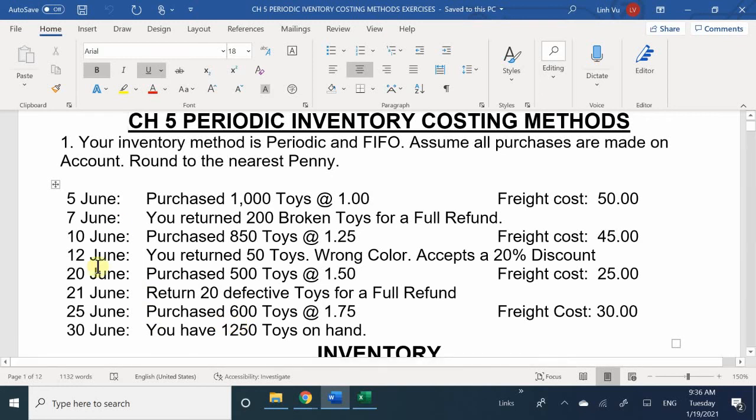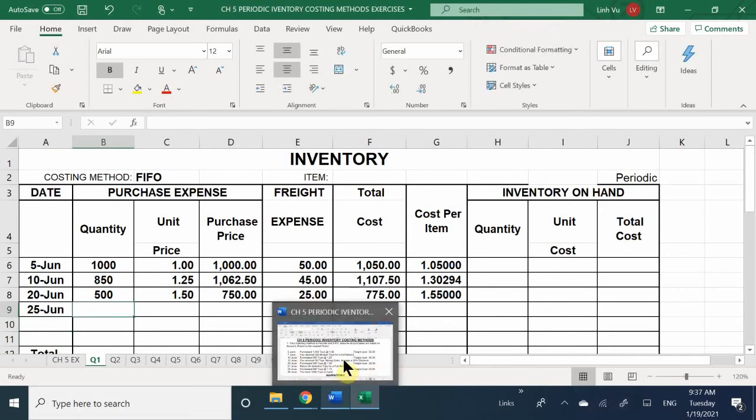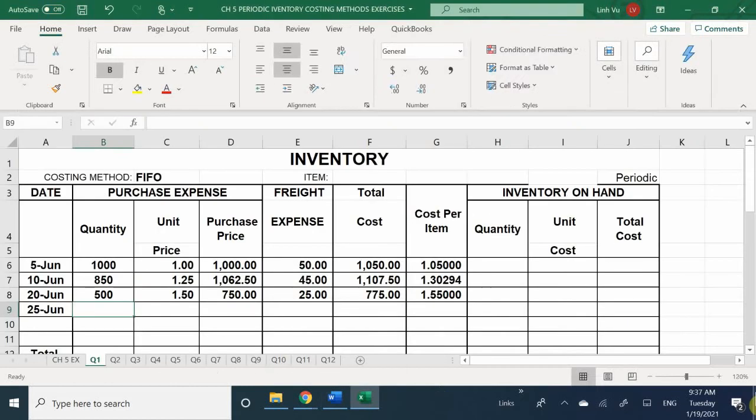So in this case, I purchased 600 toys at $1.75 each, with the freight costing me $30. So if I go into my inventory worksheet, I just write in my date. 600 at $1.75 with a freight of 30.